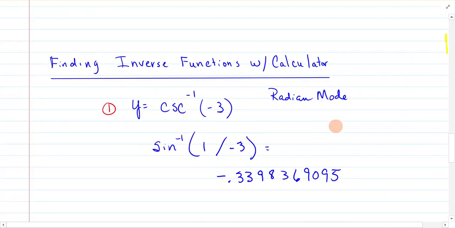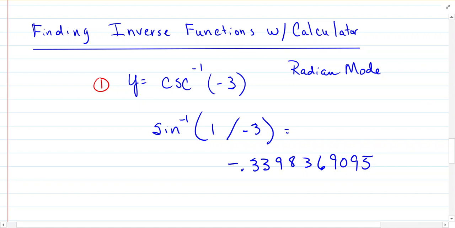Now, if you're doing it with the calculator, you want to be in radian mode, and then this says what angle has an arc cosecant of -3.